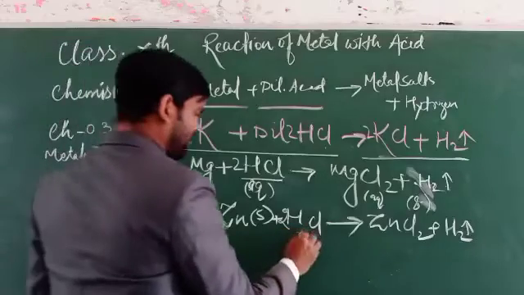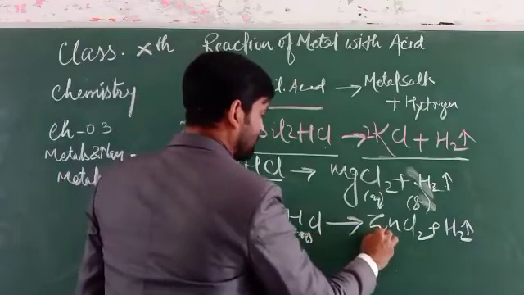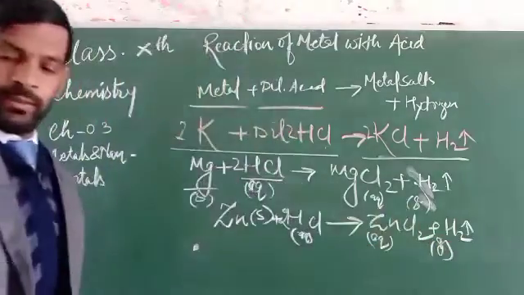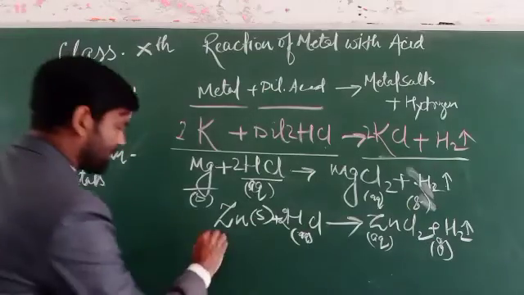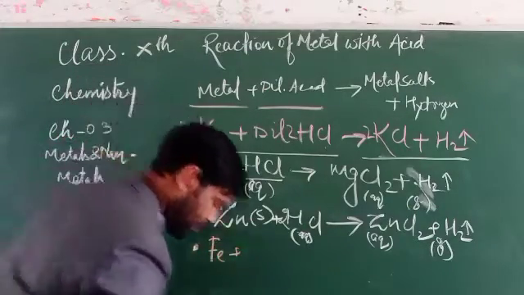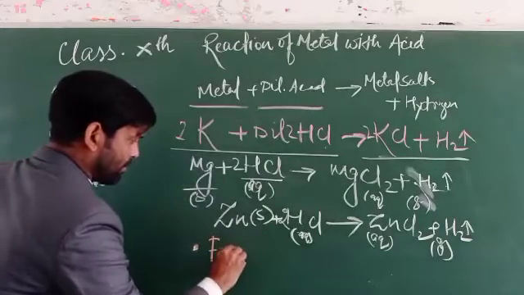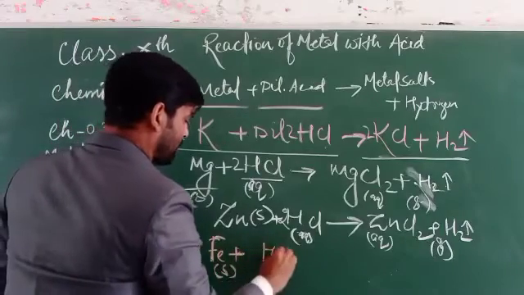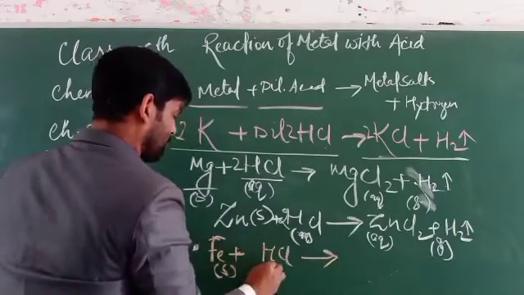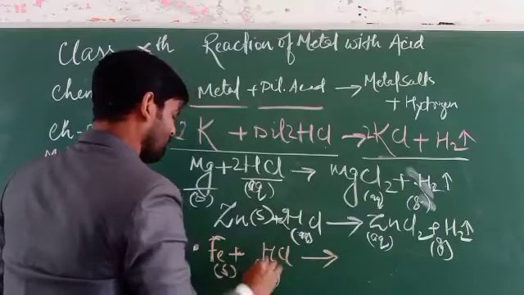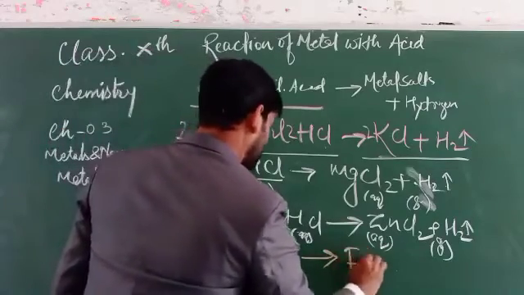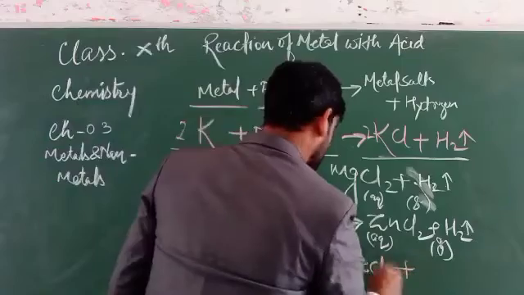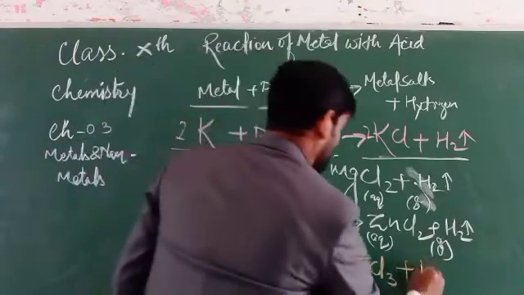This one is in aqueous form, and the hydrogen is a gas. When iron is reacted with hydrochloric acid, this will form FeCl3 plus H2.